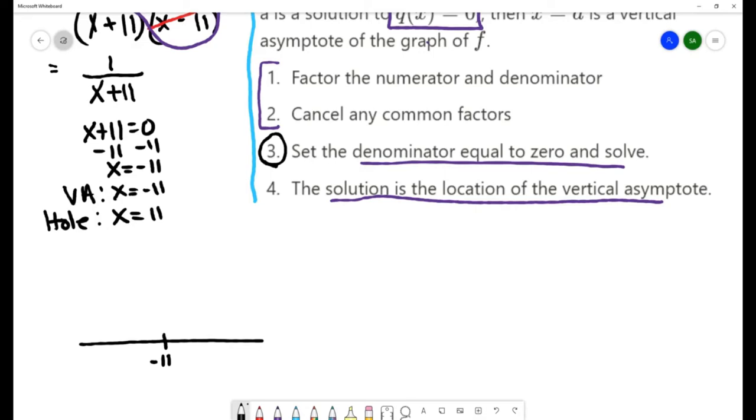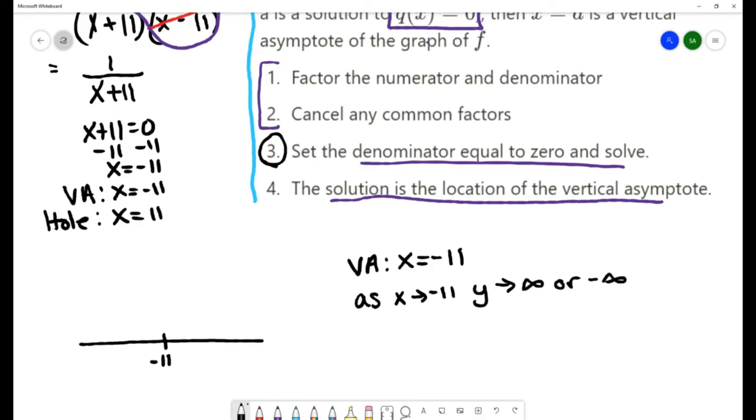So that is the definition of a vertical asymptote. When we have a vertical asymptote at x equals negative 11, by definition, we know that as x approaches negative 11, y will approach infinity or negative infinity.